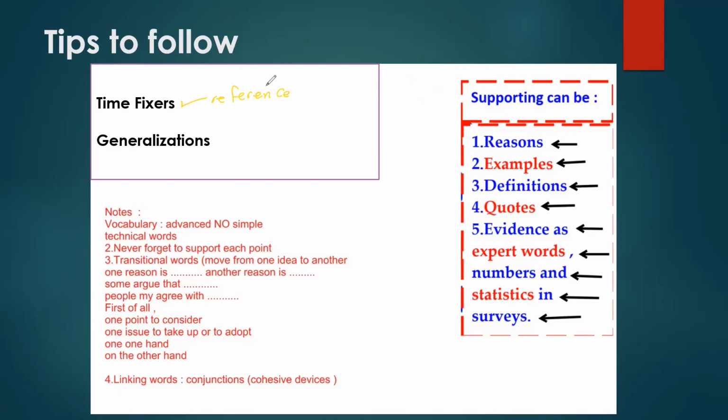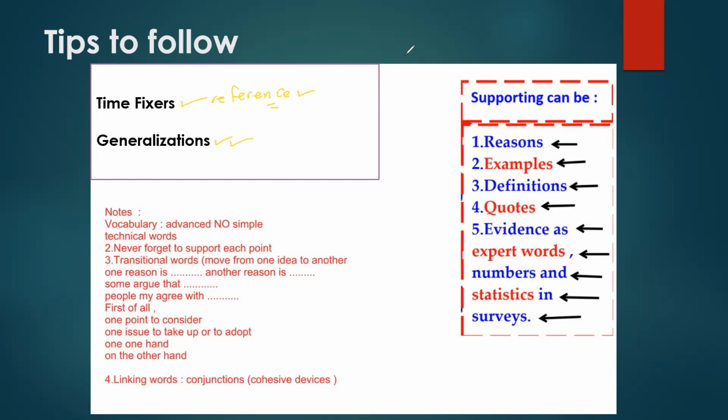When you start your writing, you should use some time references, and we will explain now what we mean by time fixers. Number two, in the introduction or even in the body, you can use some generalizations. We'll see also now what we mean by generalization.